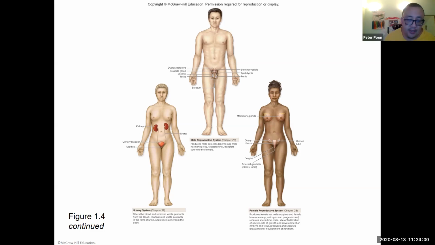But it does more than that. Because so much blood goes to making your urine, you can also control blood volume, fluid volume, and the amount of salt and other things.